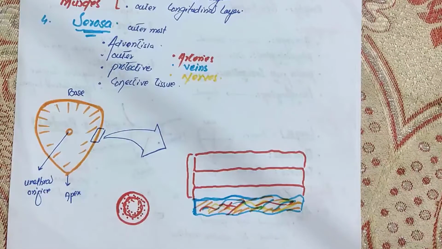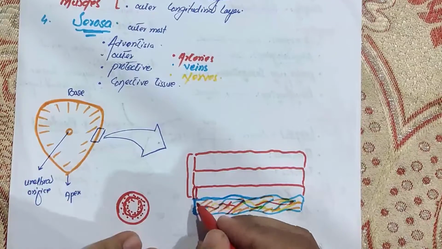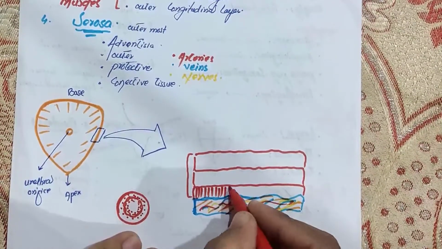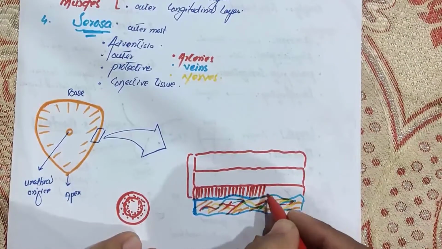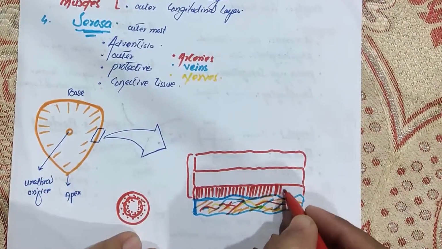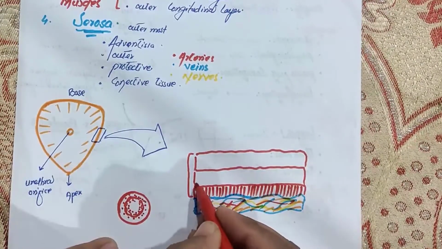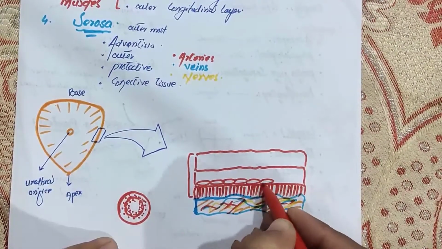The longitudinal layer of muscles will be like this. We won't leave our diagram incomplete; we will complete it. This is the longitudinal layer of smooth muscles. Then there is a circular layer of smooth muscles. So these are the circular layer of smooth muscles.